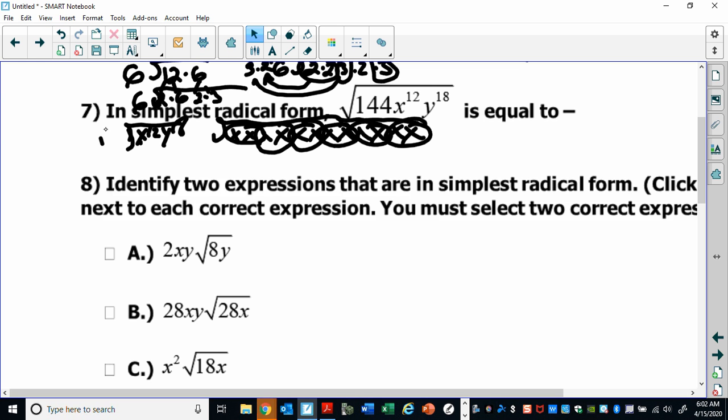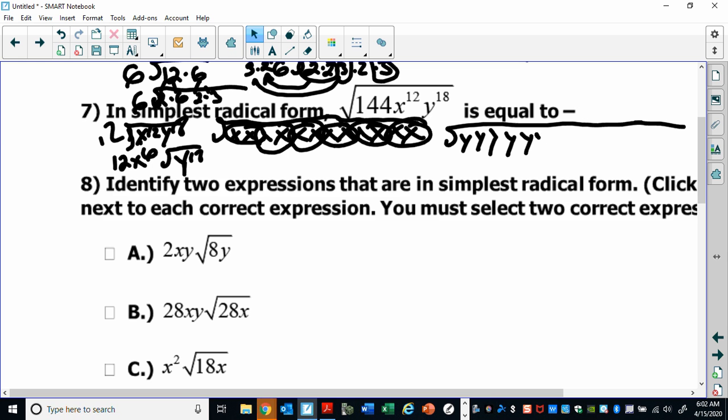All right, leave that as 12. We're going to simplify this 12x because there were 6, x to the 6th power. That's going to be multiplied by y to the 18th power. Now, to break that down, we're also going to just do y 18 times. 5, 6, 7, 8, 9, 10, 11, 12, 13, 14, 15, 16, 17.